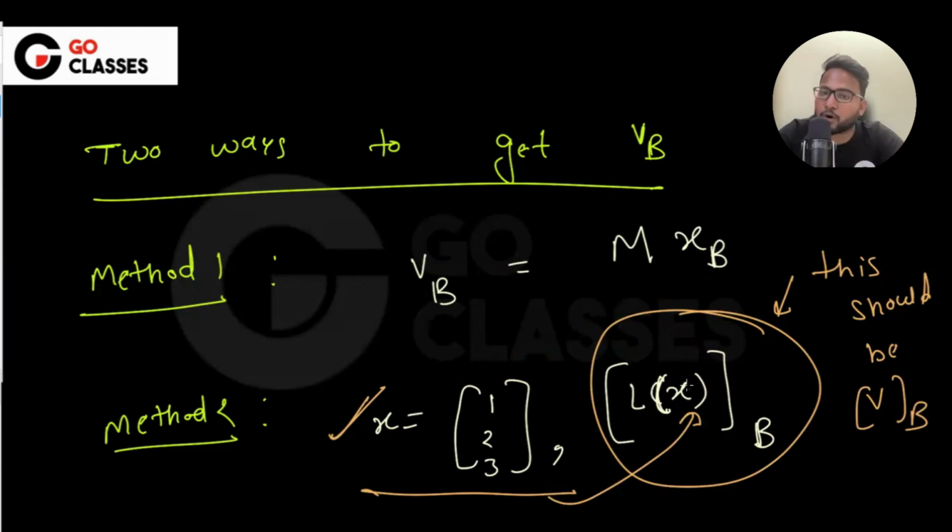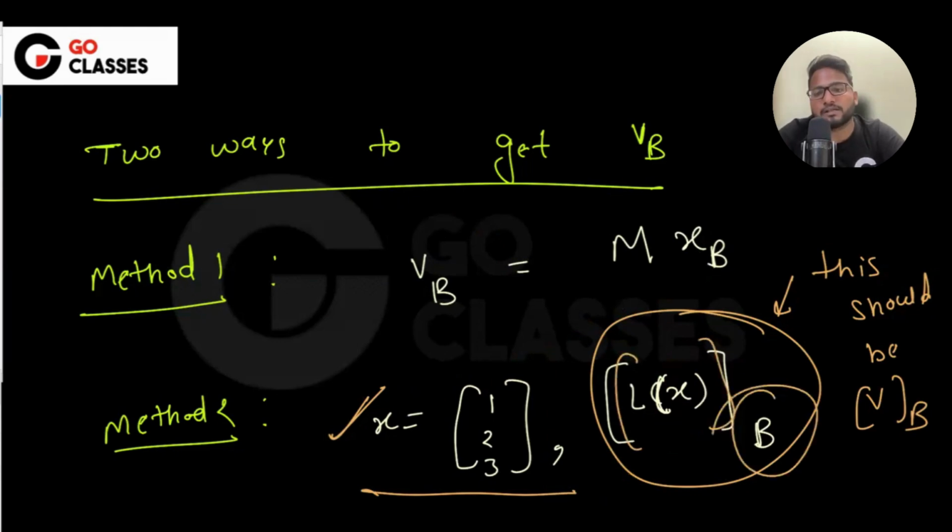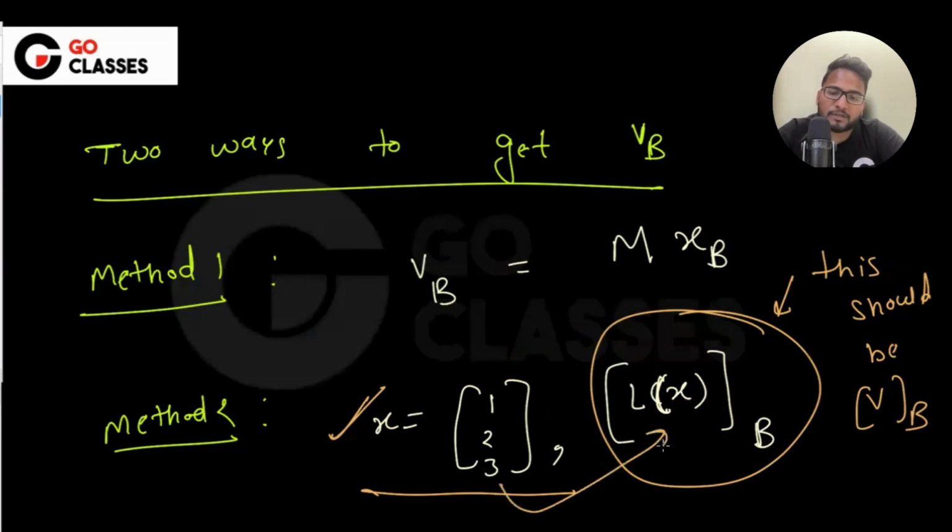Inside the transformation, always remember, this cannot be x of B or something. This will always be in the standard basis. Inside the transformation. Later on, whatever you want to do after the transformation, you can do anything, but inside the transformation, always remember, it cannot be x of B, right? So you take this x, find the transformation, and then find the coordinates of these. This should be the same as this particular V.